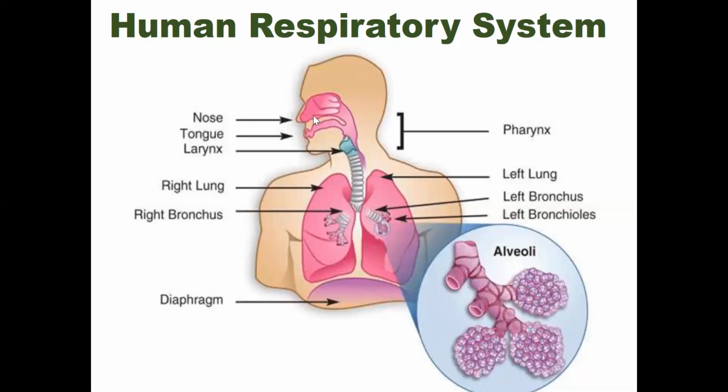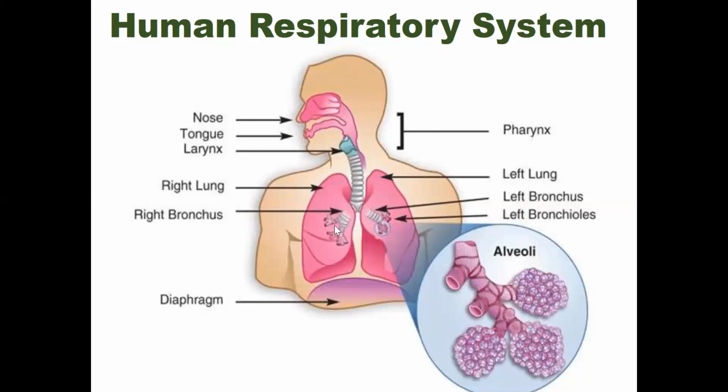Let me show you the sequence of our respiratory system organs, from the nose, then nasopharynx, then larynx, then trachea, then the primary bronchus, and then the secondary branches, the secondary bronchus.